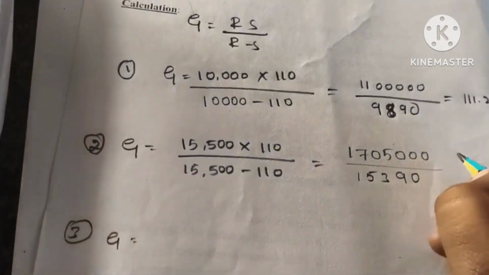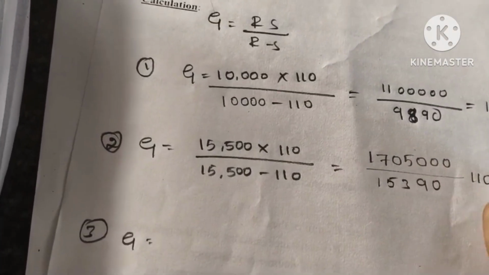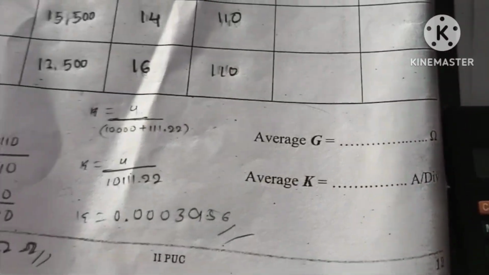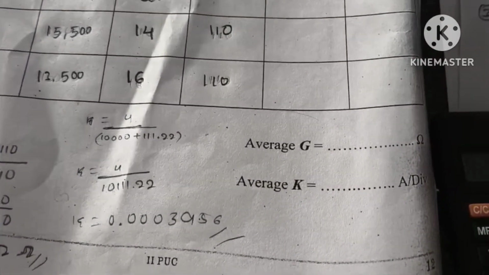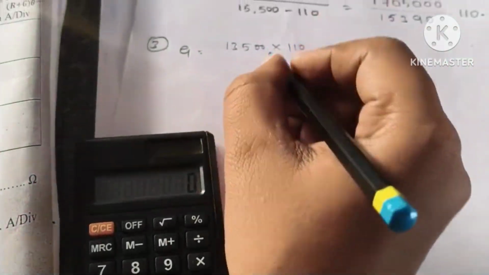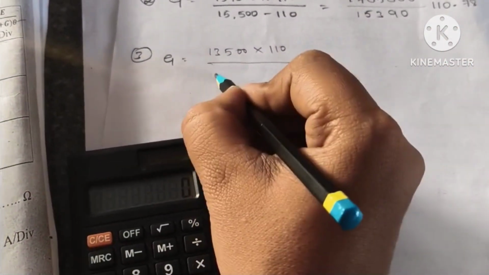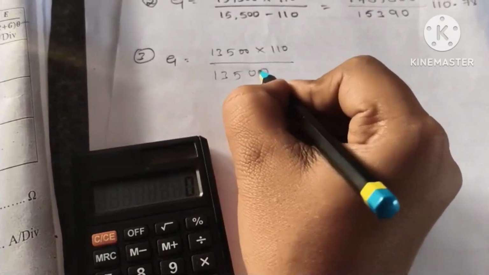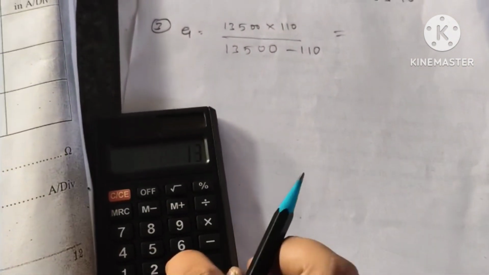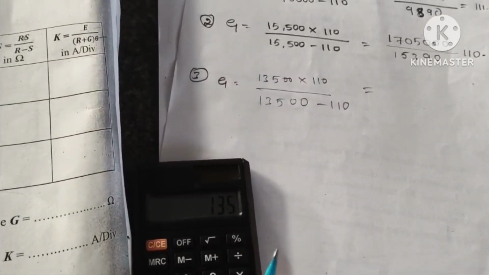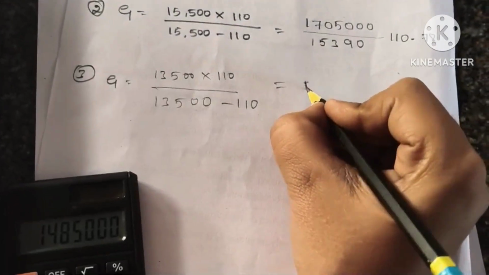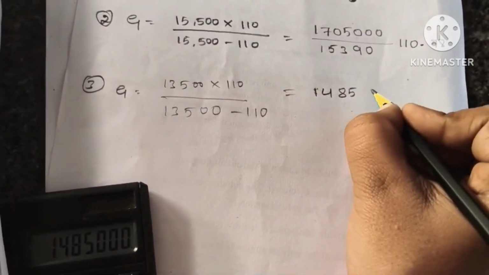We get 110.78. Now the third reading is 13,500 into 110 divided by 13,500 minus 110. 13,500 into 110, that answer is 14,085.